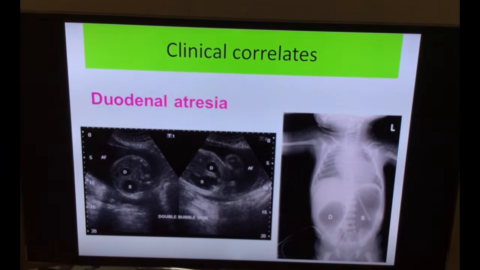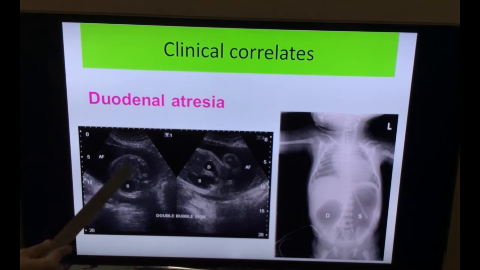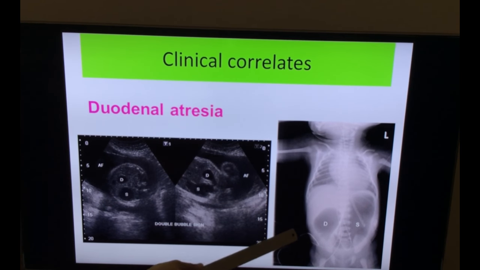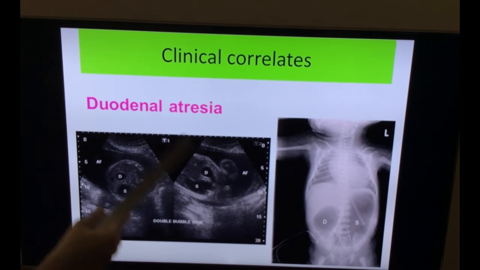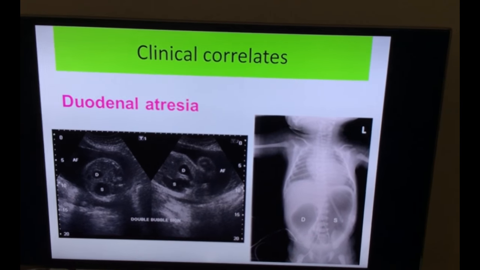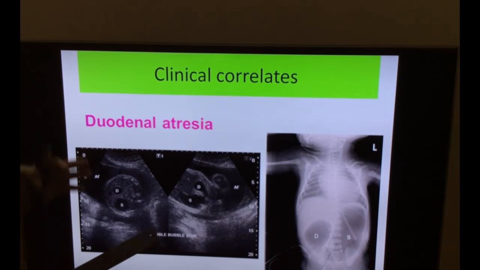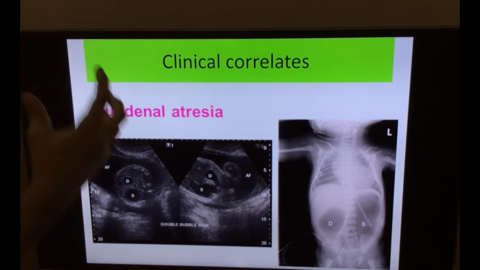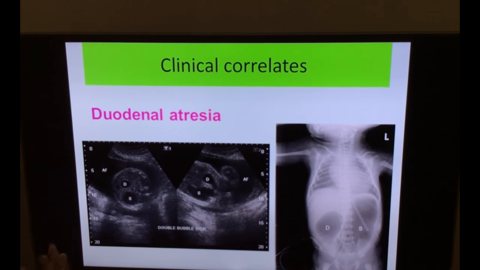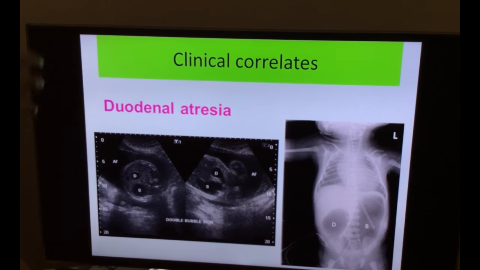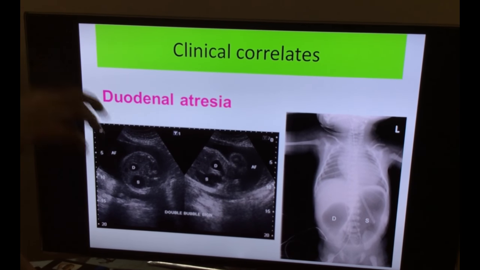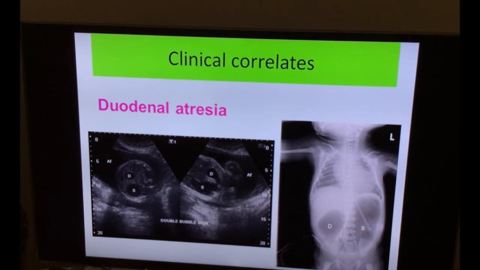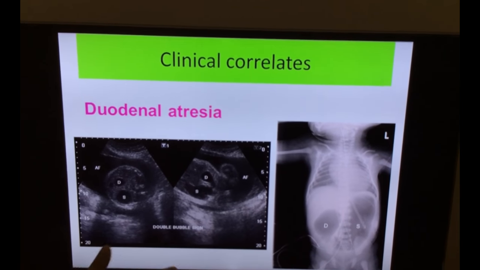In duodenal atresia, the food particles which are taken enter a part of the duodenum, but there is no projectile vomiting. What happens in pyloric stenosis? There is projectile vomiting, because the stenosis is at the stomach region, so the vomiting will be immediate and forceful.